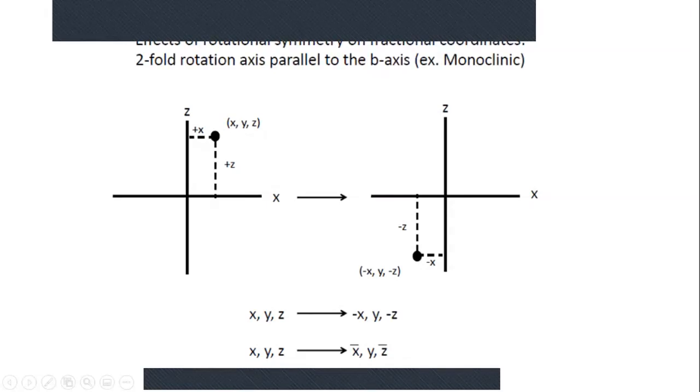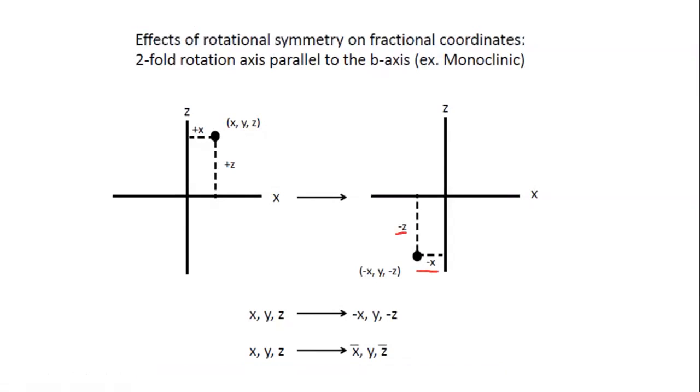If we rotate it 180 degrees, what happens is we get negative z and negative x, but y still remains the same because y is the axis about which we're rotating. So the y coordinate doesn't change when we do a twofold rotation.